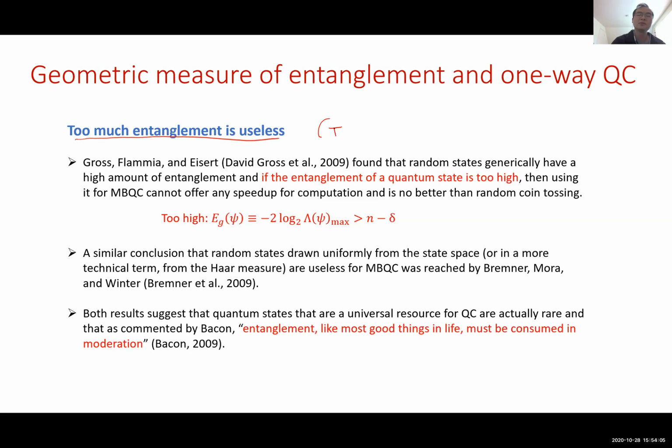Of course, too little. I should also stress that too little. But the exact definition of the entanglement is using the geometric entanglement. And they show that if the n-qubit entanglement is greater than n minus just a constant delta, then that's what they mean by too much entanglement.